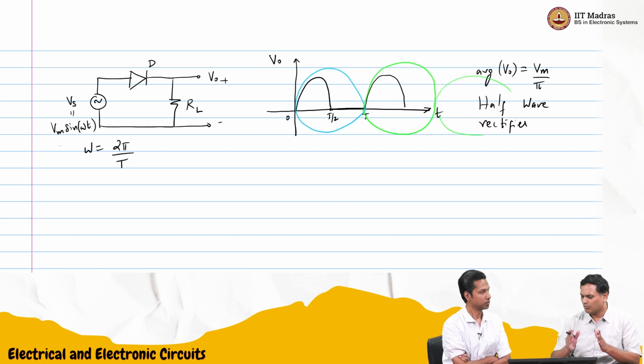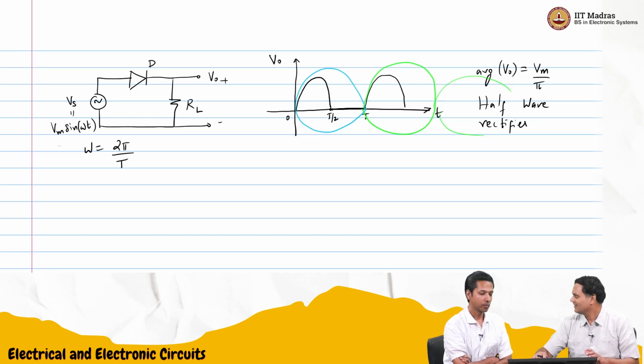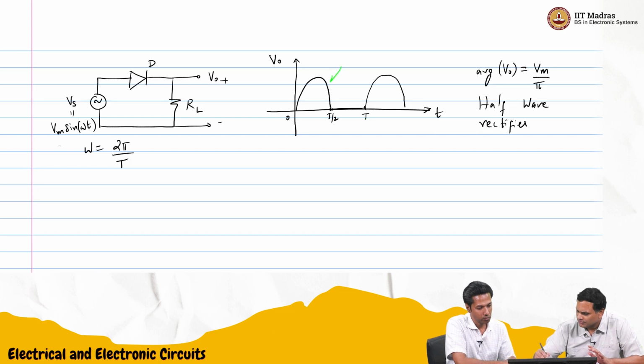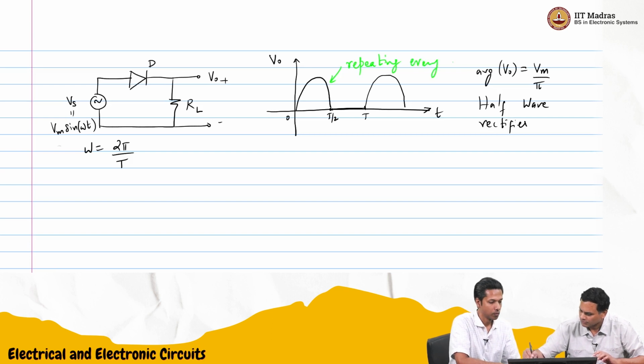Correct. One half of that T cycle, 0 to T, I see half a sinusoid, the other half is 0. The next one is again half a sinusoid, 0, and so on. So it looks like the periodicity of this is also T, repeating every T seconds.